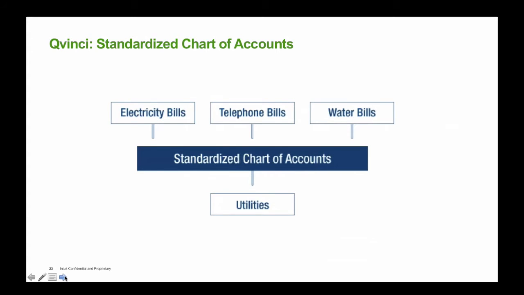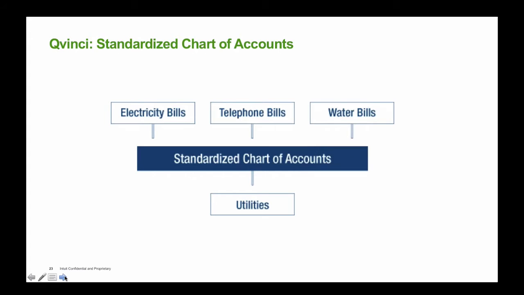Also, one of Qvinci's signature features is the standardized chart of accounts. Maybe in one QuickBooks file you have electricity, telephone, and water all as separate accounts, and maybe in a different one you have all of those consolidated into a single utilities account.